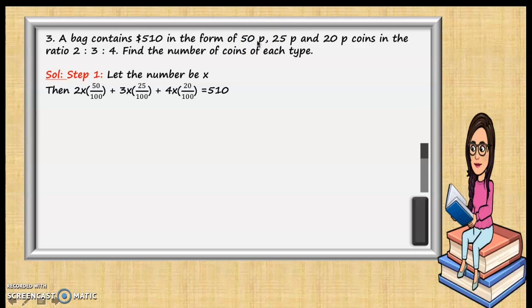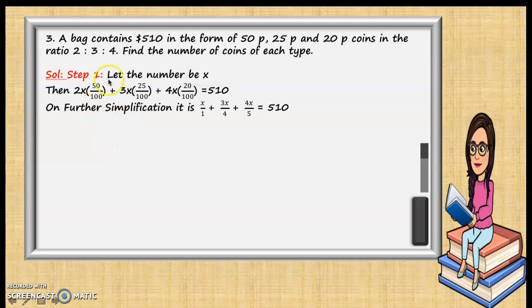So you have to divide it by 100 because 100 paise makes 1 rupee, right? So 2x into 50 by 100 plus 3x into 25 by 100 plus 4x into 20 by 100 gives you 510. On simplification, you get x by 1 plus 3x by 4 plus 4x by 5 equals 510.